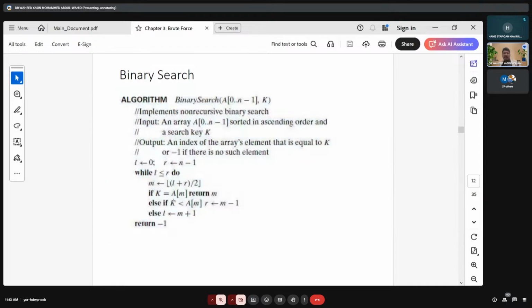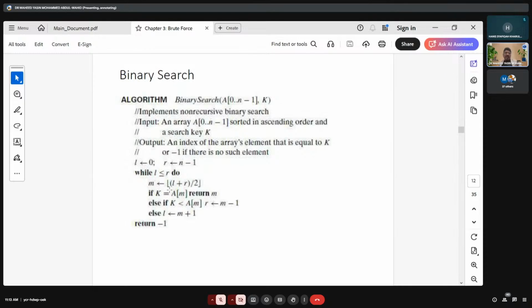Else if K less than A[m], r equals m minus 1, which means go to the left. Else l equals m plus 1, which means go to the right. If I didn't get any answer, I return minus 1. This is the basic approach of binary search.